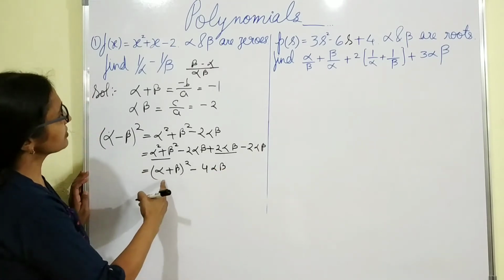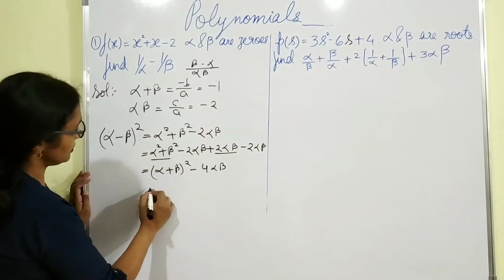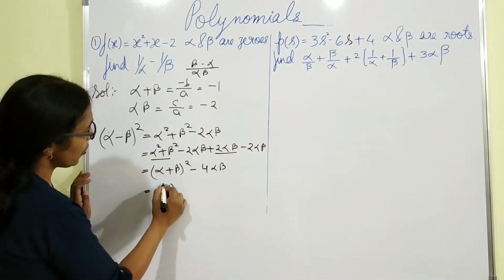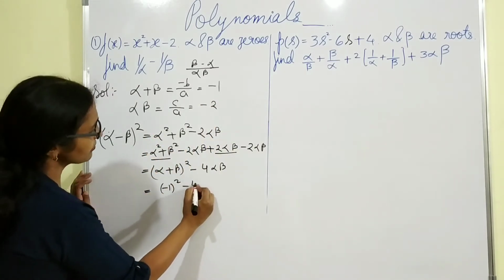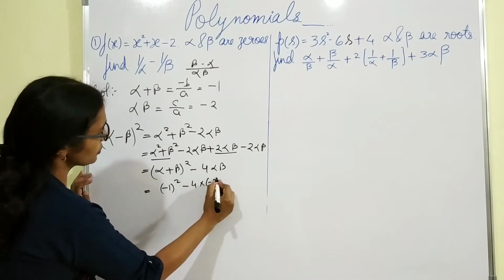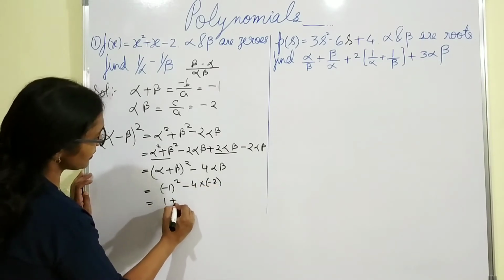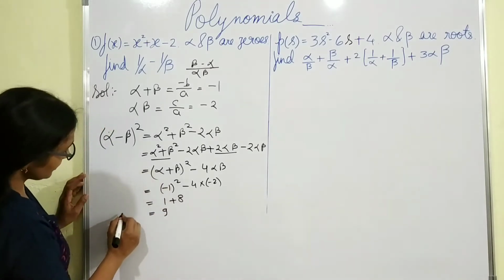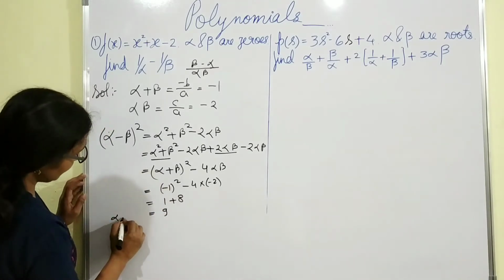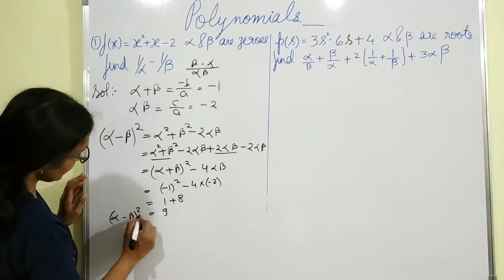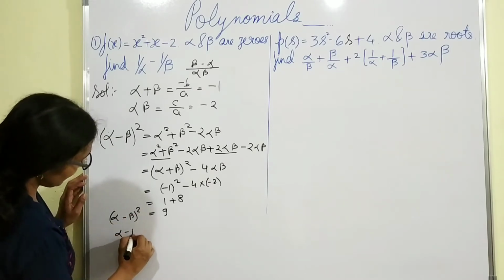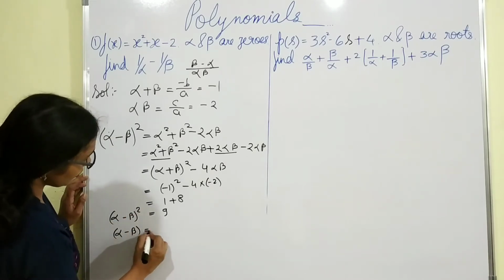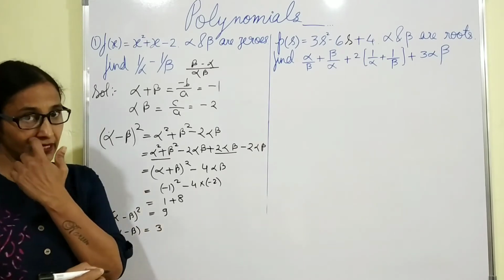Now, the sum of the zeros is minus 1 whole square and minus 4 into minus 2. So, 1 plus 8, it's 9. So, it is alpha minus beta whole square. So, the value of alpha minus beta equals 3.